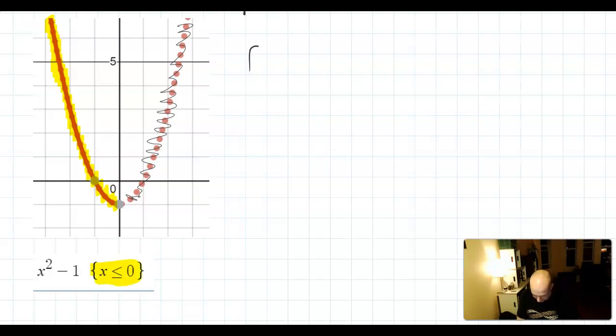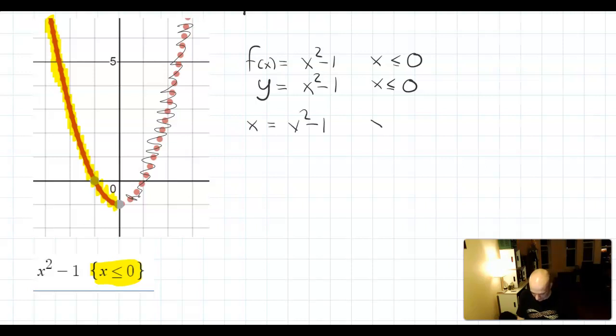So now if we rewrite f of x, it's x squared minus 1 for x less than or equal to 0. Rewrite that as y equals. We switch x with y. In the domain restriction as well, and continue to solve.